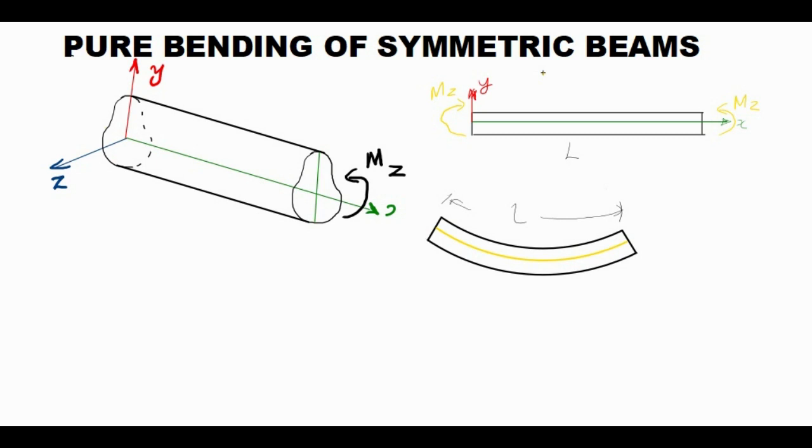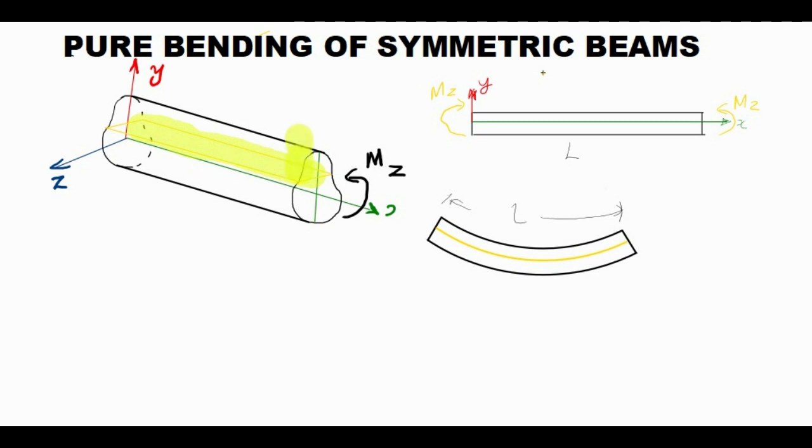Due to the shape of the beam, if we have a fiber somewhere here, we can say that throughout there will be a surface along which the length is the same as the initial length.